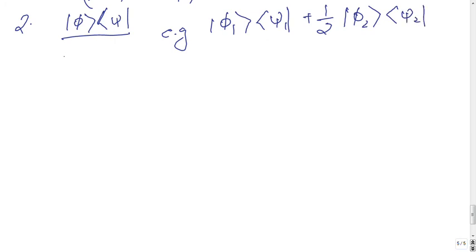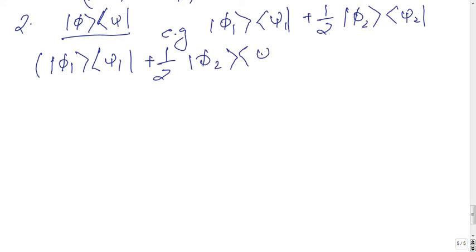So let's see what happens if I apply this operator on any vector xi.